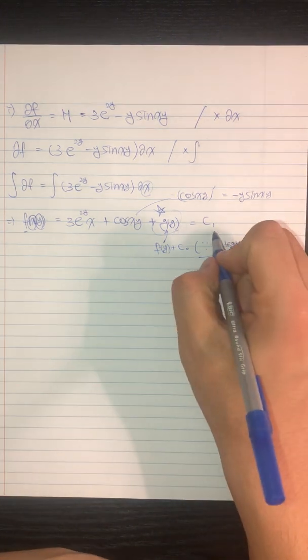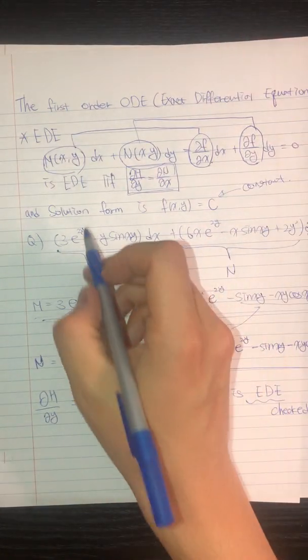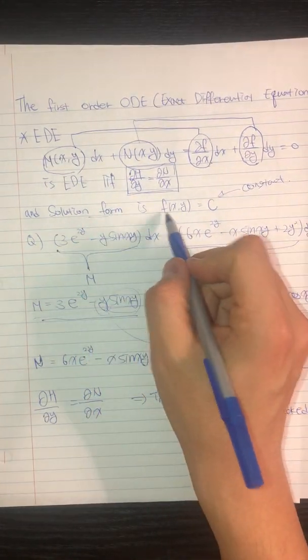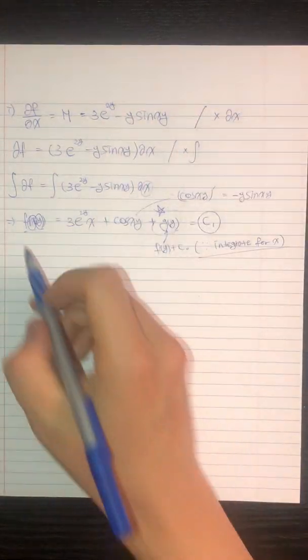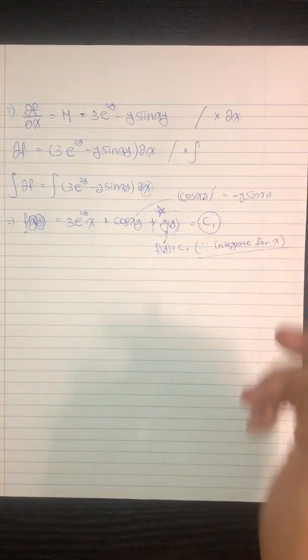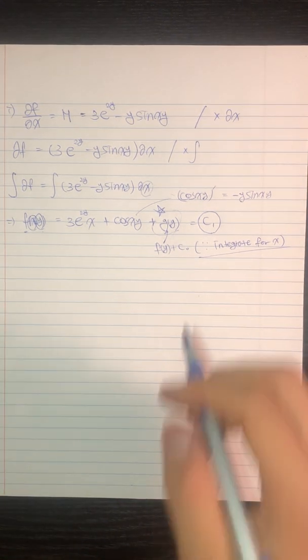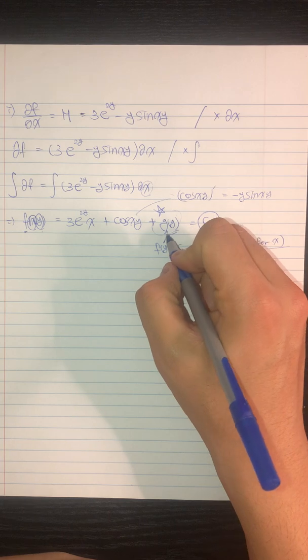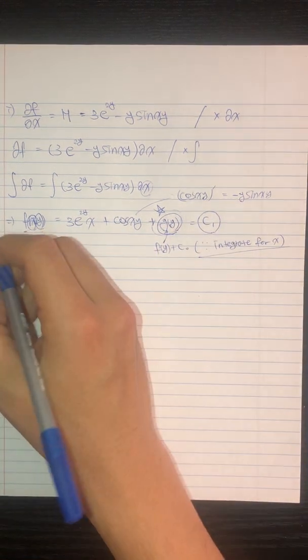So how can I get this term? This term is from the theorem. The solution form is f(x,y) equal to a constant. So we have to find the value of g(y). How?